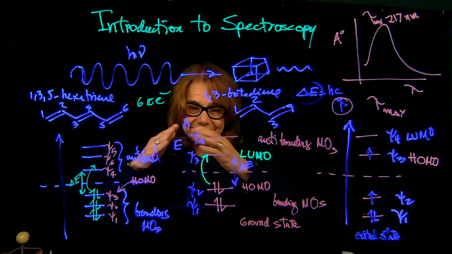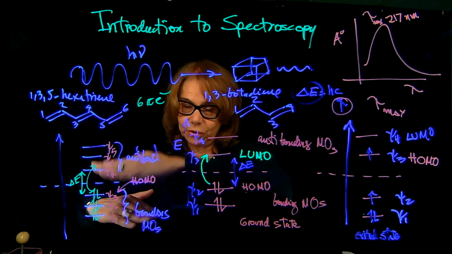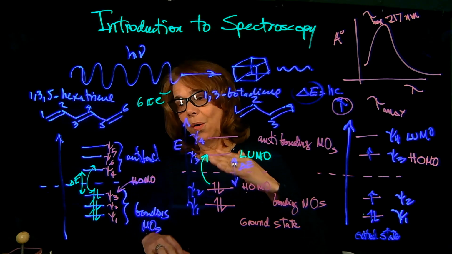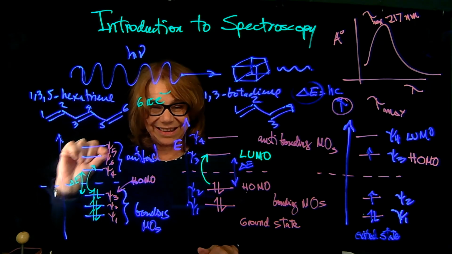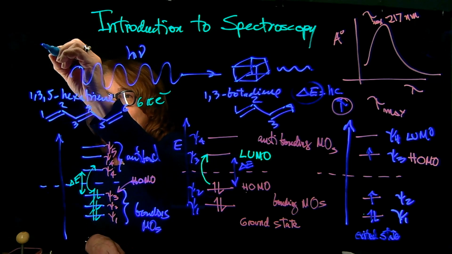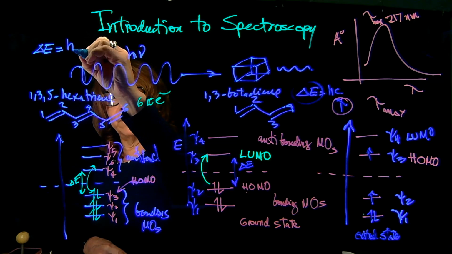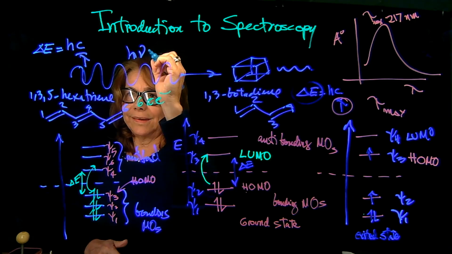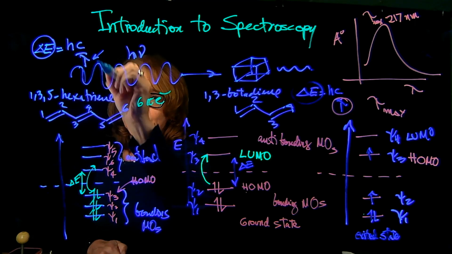The point is, the larger the conjugated system is, the closer the levels become. When they become closer, the energy gap is smaller, and that's associated with longer wavelengths. If this gap becomes smaller, the lambda max becomes larger.